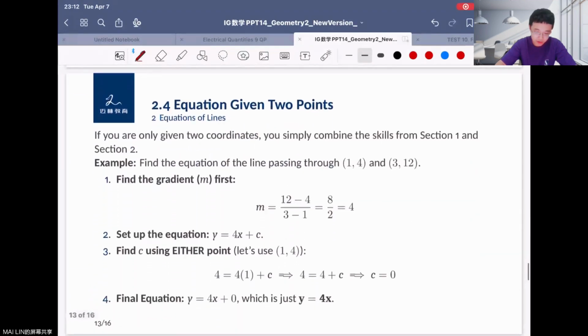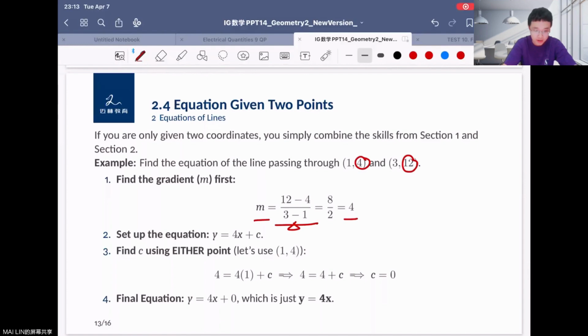And also if you want to find the equation given 2 points, like here (1, 4) and (3, 12), the method is first we calculate the gradient. The gradient m equals change in y over change in x, right? So change in y is 12 minus 4 equals 8, and change in x equals 3 minus 1 equals 2. So 8 over 2 is 4, right?